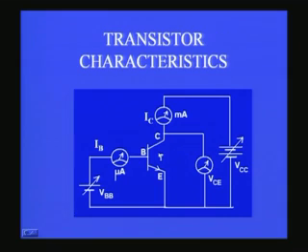This is just one example of several characteristics that you can think of in the case of a transistor. For example, you can also have common base characteristics. Again, you will have input characteristics and the output characteristics, but the transistor will have the base as a common terminal between the left and the right side, the input and the output side. Similarly, you can have common collector characteristics and things like that.